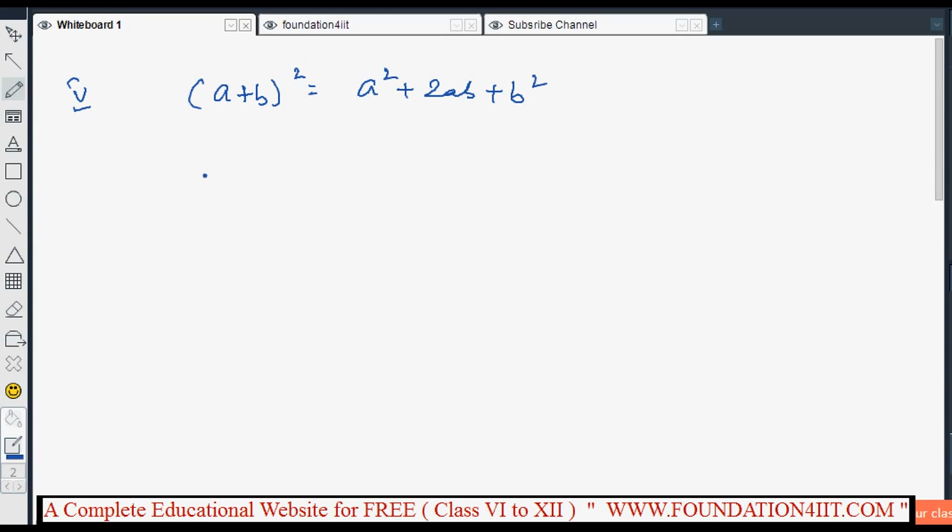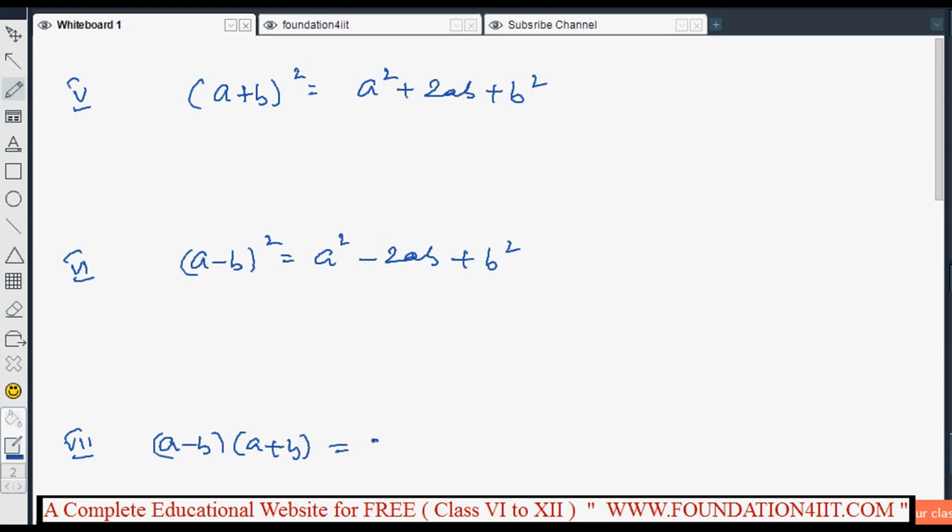One more identity is a minus b whole square, that is a square minus 2ab plus b square. And one more identity is a minus b into a plus b is a square minus b square. If you remember these 3 identities, we can solve some problems related to this.